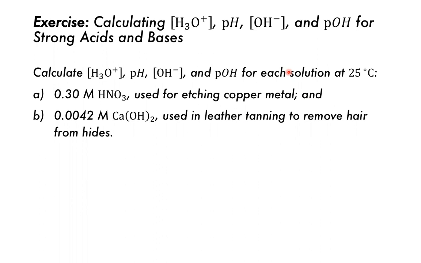In part A, we're given 0.30 molar nitric acid used for etching copper metal, and in part B, we're given 0.0042 molar calcium hydroxide used in leather tanning to remove hair from hides. So we're going to have to calculate these things for these two solutions.